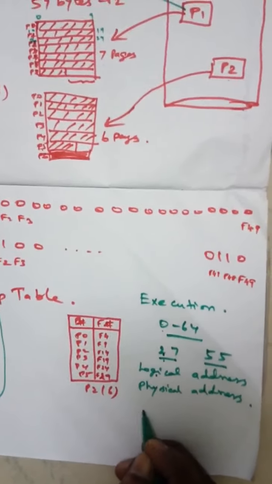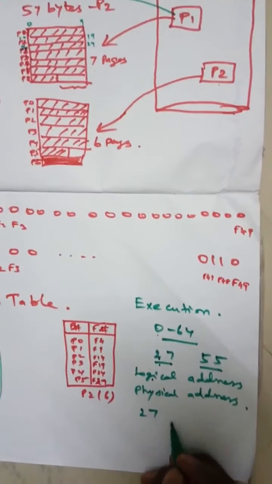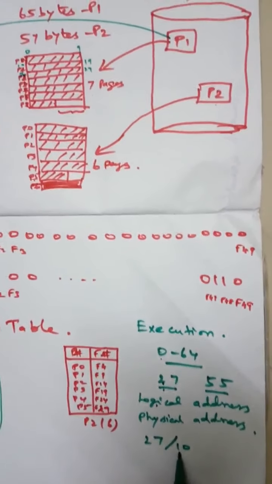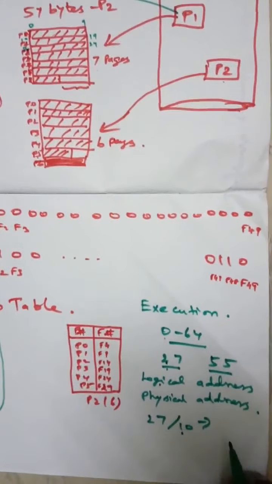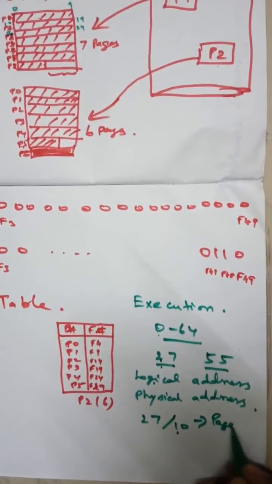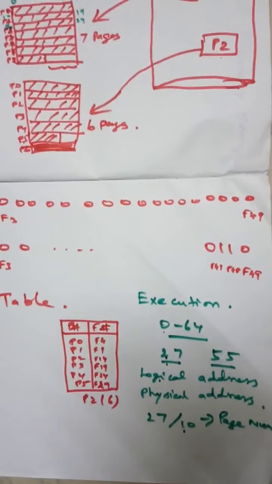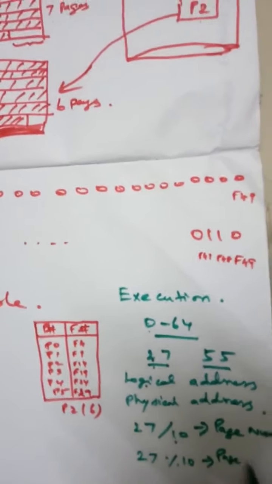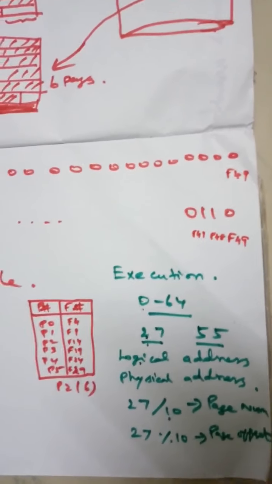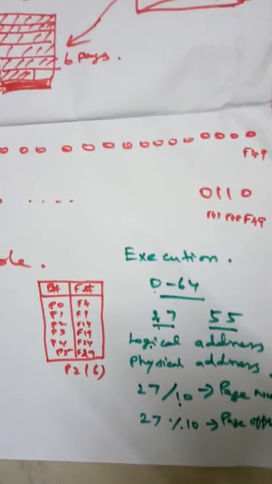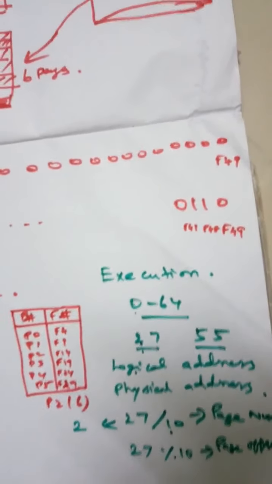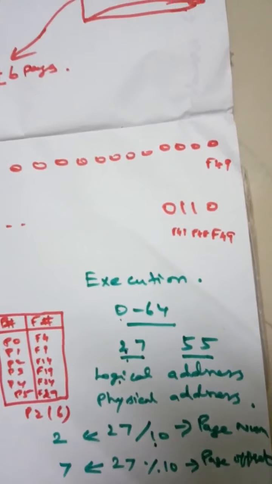The logical address 27 must be divided by the page size 10. This yields the page number. Next, 27 mod 10 gives the page offset. So this gives 2 and this gives 7.